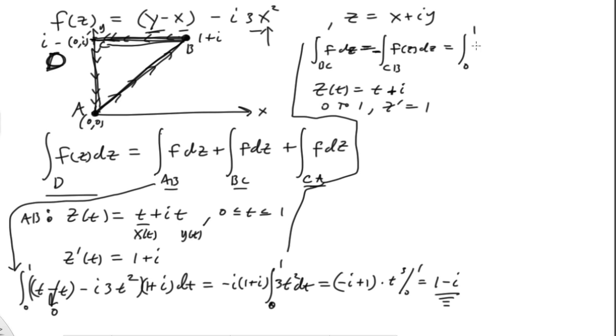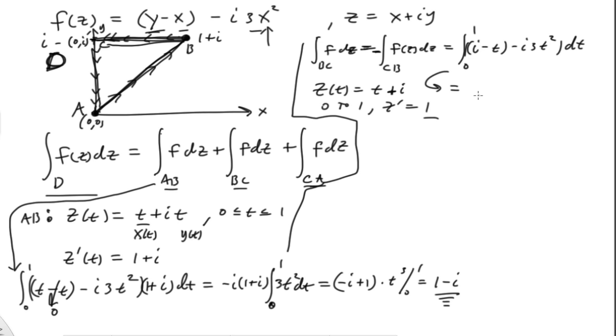So we have the y value is i, and then we have a minus t, and that's the first input. And the second input is minus i 3 t squared, and then we multiply the whole thing by z prime, which is 1, times dt.